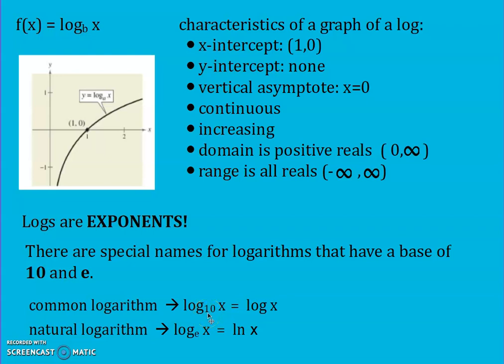So whenever you see log of x, that base is technically there. It is a 10, but we usually don't write it. We also have what's called the natural logarithm, and that's log base e of x. But again, we never write log base e. Instead, we just write natural log. So log base e of x is the same thing as natural log of x.